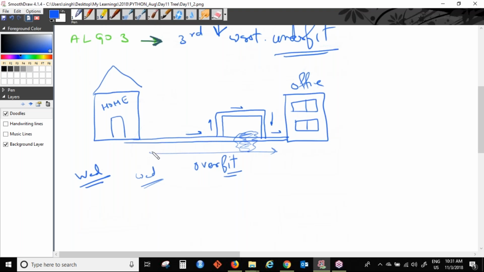But an underfit model, or a very simple model, will always say that this is the shortest path, so always take this irrespective of rain or traffic or whatever. So that is a simple model. The ideal model in this case will be: if it rains take this path, otherwise take this path. So neither overfitting nor underfitting is good for your model. You should be somewhere in the middle. Is that clear, guys? Do you understand this concept?